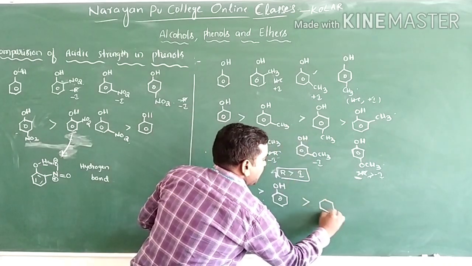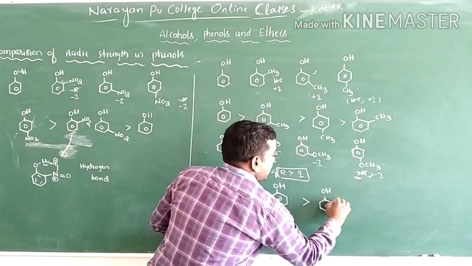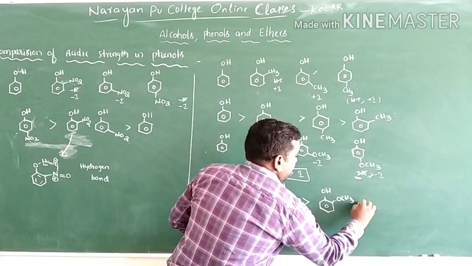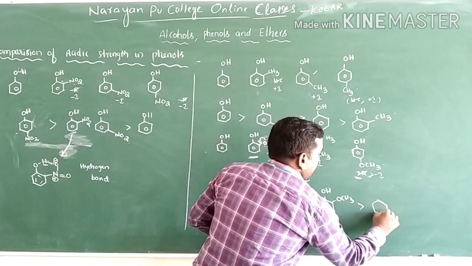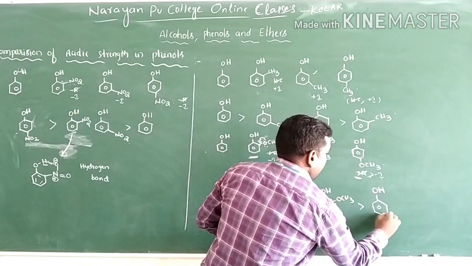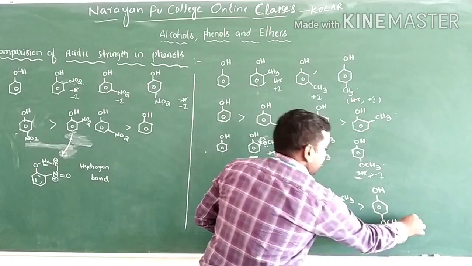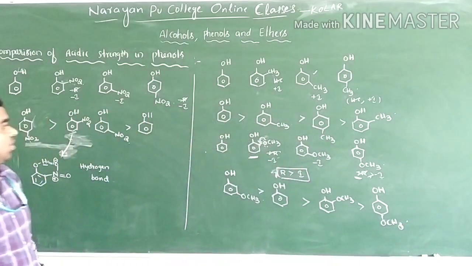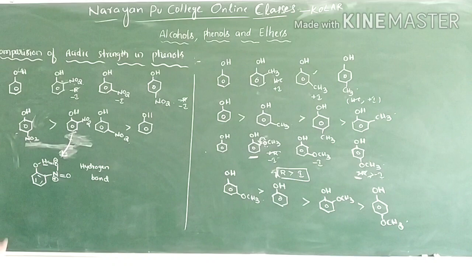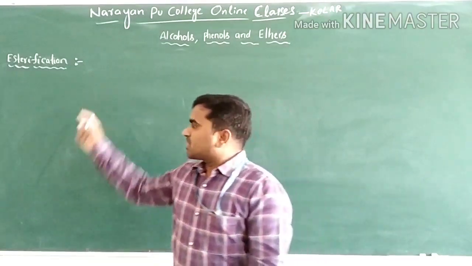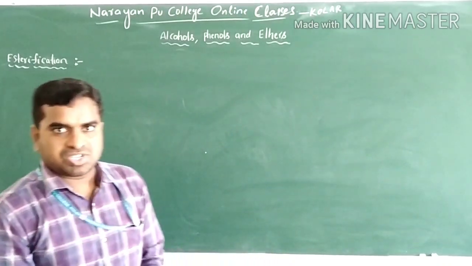So you will get OH as more acidic, and here OCH3, and finally you will get the compound phenol and OCH3. These are the acidic strengths of alcohols and phenols.